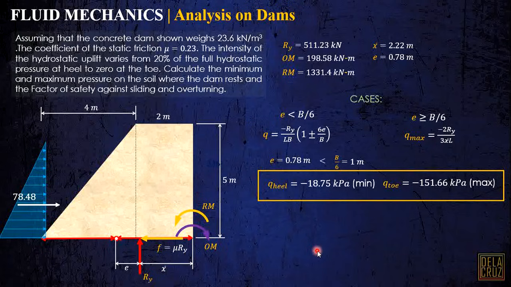Okay, in order for us to calculate the factor of safety, we will equate the friction and the horizontal hydrostatic force. So this one, we multiply by the factor of safety against sliding, equals the friction. It tells us how many times the resistance is compared to the moving force, the force that would move our dam against sliding.